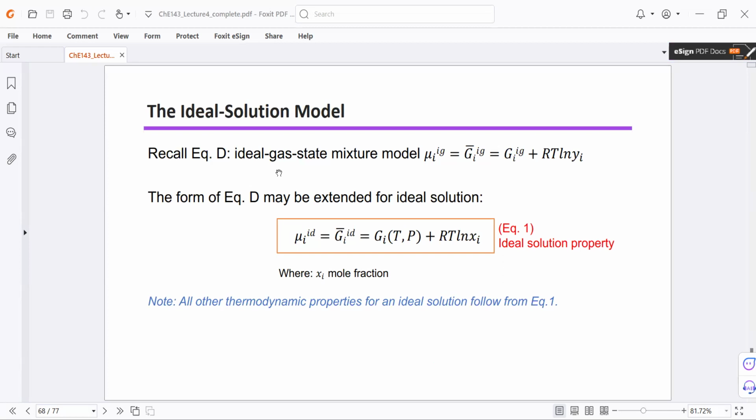And just recall from the ideal gas state mixture model. So before that, let me just run through the simplifying assumptions of an ideal solution model.